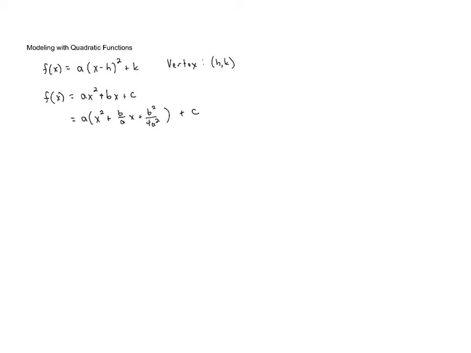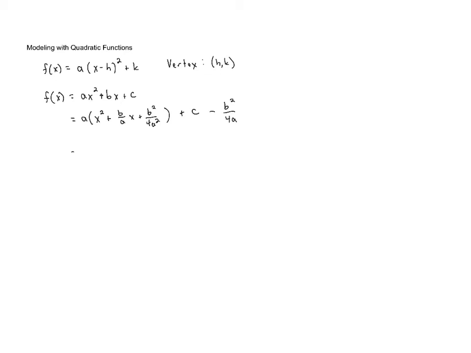But what we're really adding is a times b squared over 4a squared, and one of the a's cancels, leaving us with b squared over 4a. So we also have to subtract b squared over 4a to balance things out.